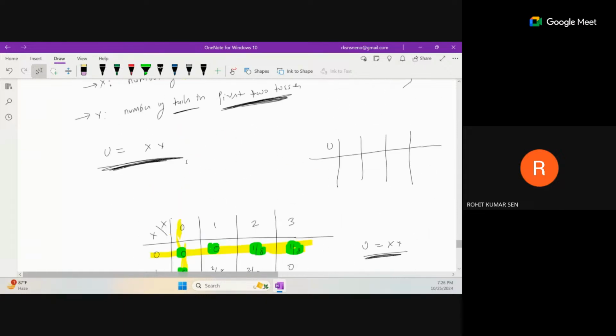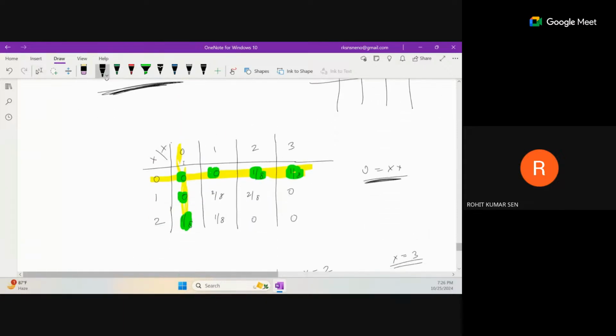Another possible value of xy: my x is 1, my y is 1, so it is 1. My x is 1, my y is 2, it is 2. My y is 1, my x is 2, it is 2. My y is 1, my x is 3, so it is 3. My y is 2, my x is 2, it is 4. My y is 2 and my x is 3, it is 6. So these are all my possible values.